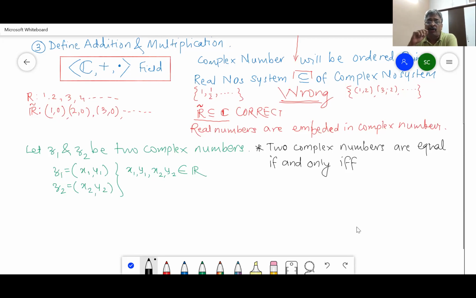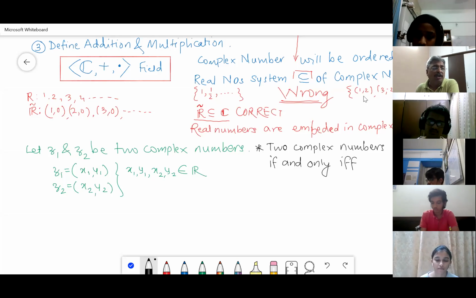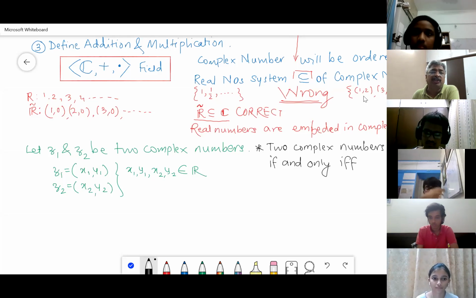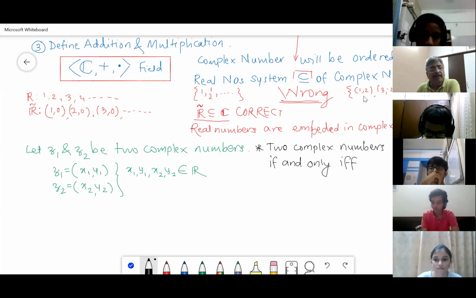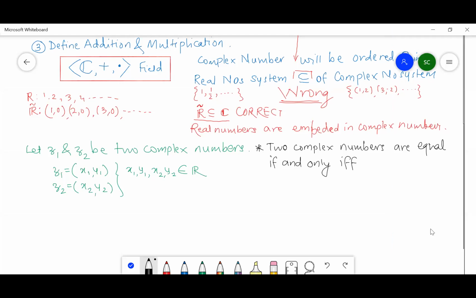Now this is a very simple job, therefore I won't spend much time on this. However, for defining addition and multiplication, I will give you sufficient time so that you define those yourself. Okay. So what is the obvious definition of equality of two complex numbers? Can somebody tell me? x1 equal to x2, y1 equal to y2.